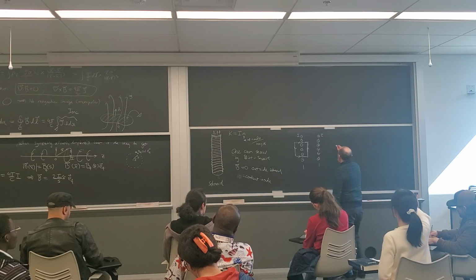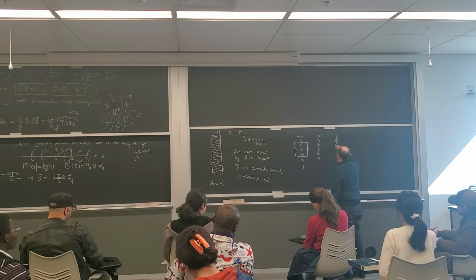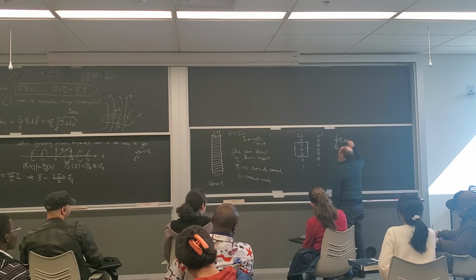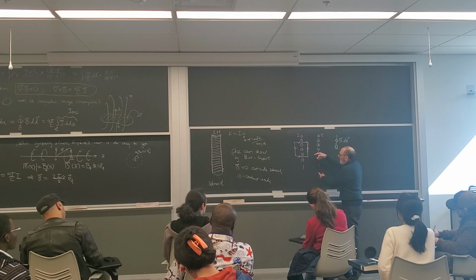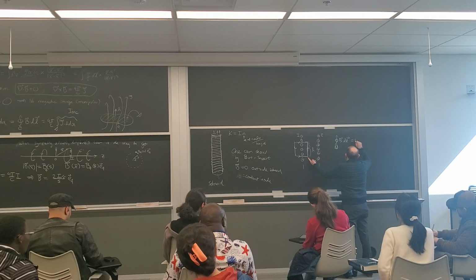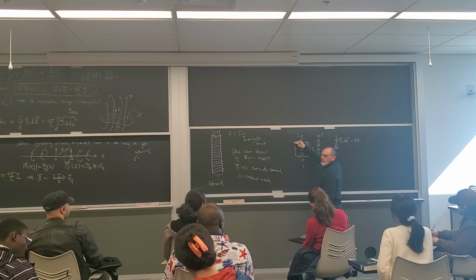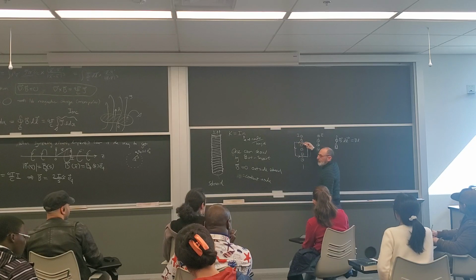So, what is the circulation integral of the magnetic field around that contour? Well, it's B dot dl, which is the same along that. We'll give it some length L. And what's the contribution along this? 0, because of that.